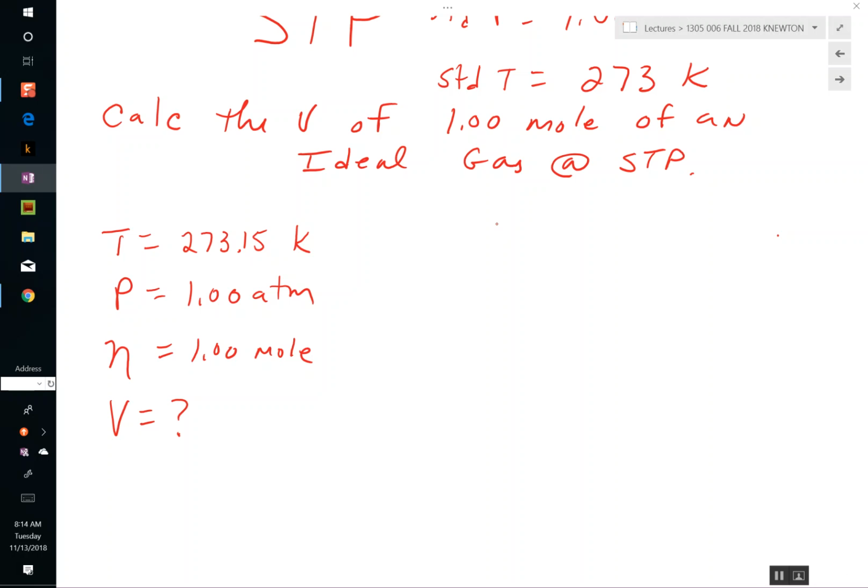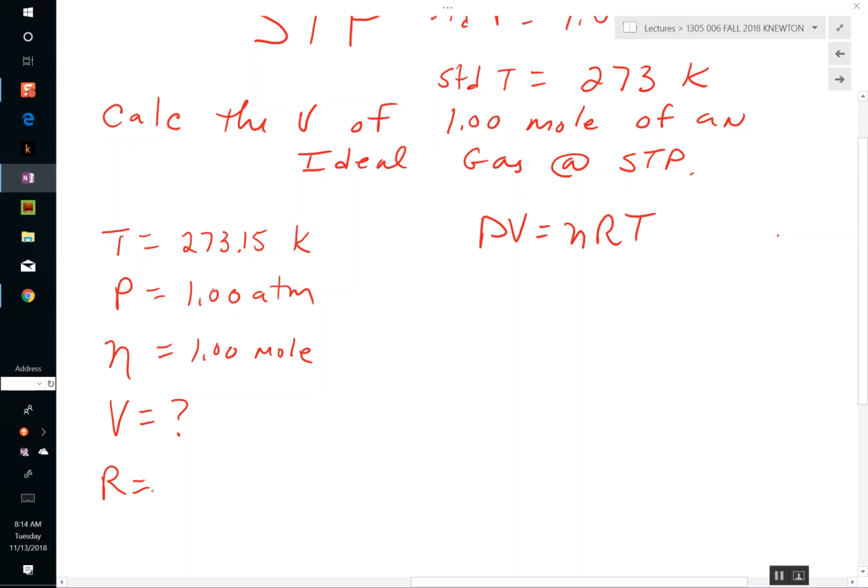So we've got these laws. I won't write them all right now. But when I say what is the law, I mean what is the equation that expresses that law. Pressure times volume equals the moles times the ideal gas law constant times the temperature. PV equals nRT.